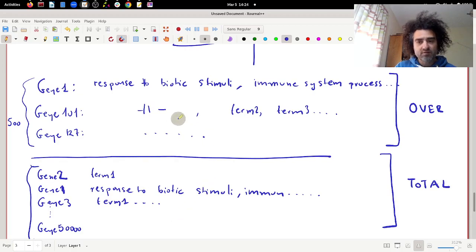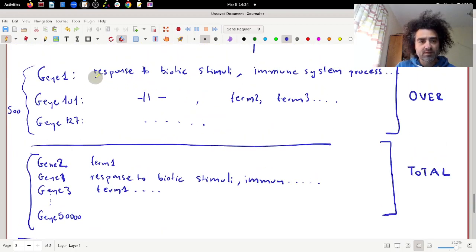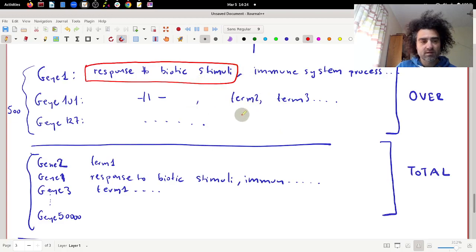Now, assume the following: in the overexpressed group, this term, response to biotic stimuli, is found in total 200 times. So out of these 500 genes, 200 genes have this term in the description. Not everyone has it, but 200 of these 500 have it.